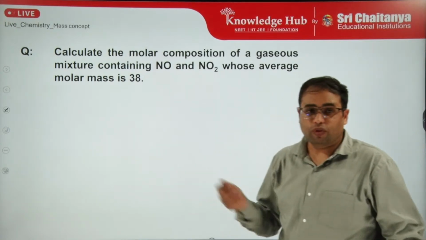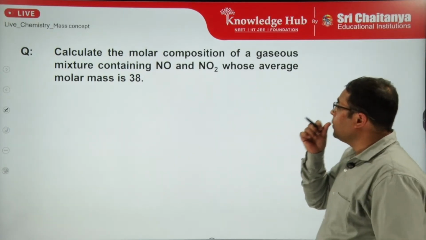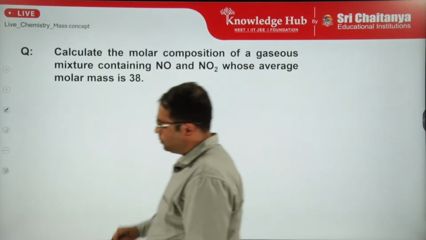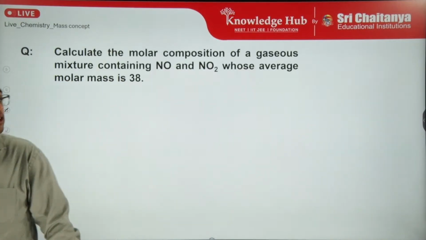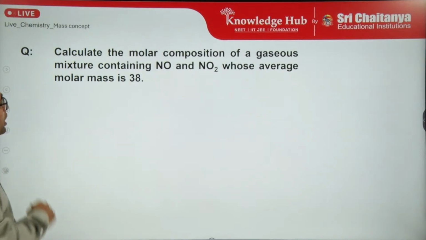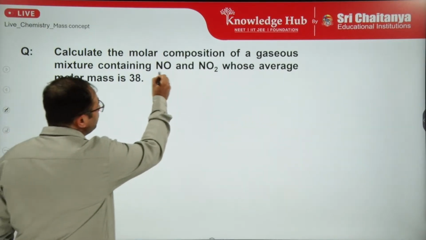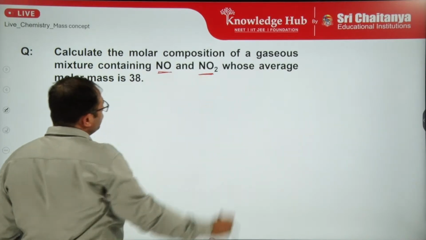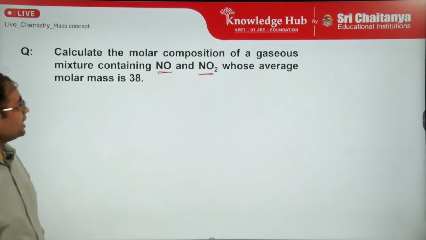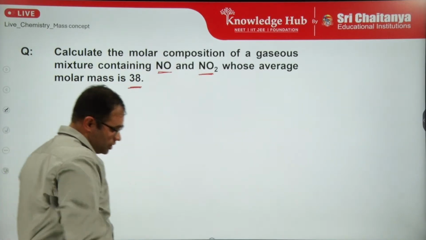So moving forward, let us have a look at this question. Carefully read this question, I am giving you time. Calculate the molar composition of a gaseous mixture containing NO and NO2, whose average molar mass is 38.